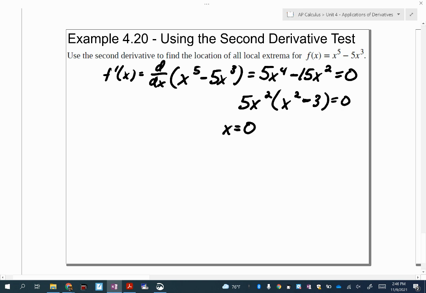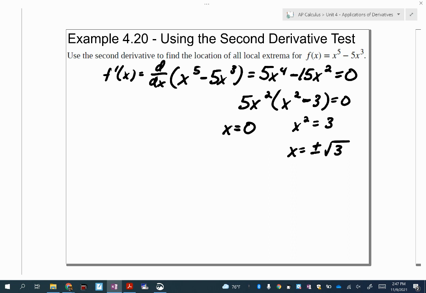Hopefully you see this one is pretty straightforward: 0 squared times 5 will be 0. For the other one, if you move the minus 3 over, you get positive 3, and if you take the square root of both sides, you get plus or minus the square root of 3. So the second derivative test says to take these critical points and evaluate them in the second derivative, and the signs of those values will tell you if you have any extrema at those critical points.